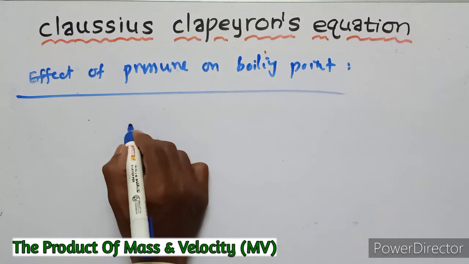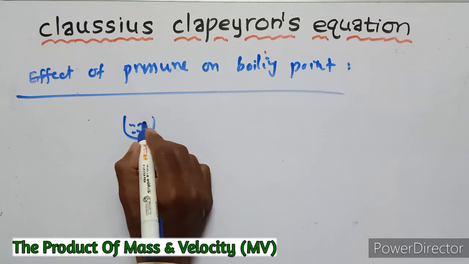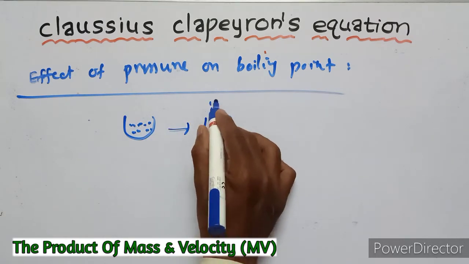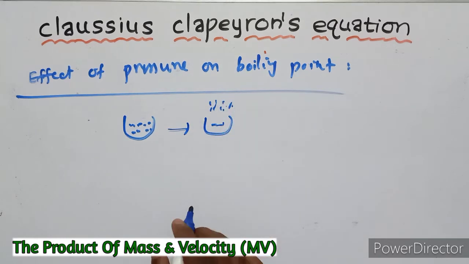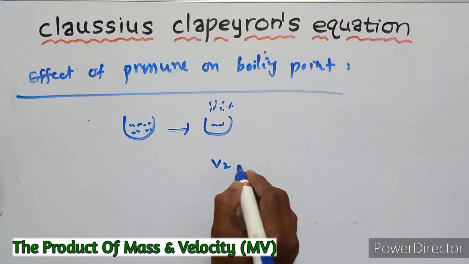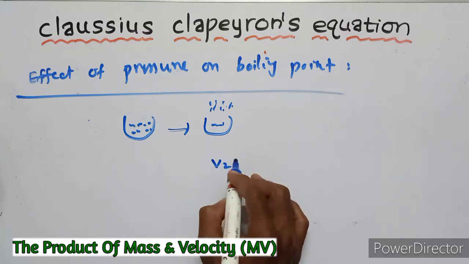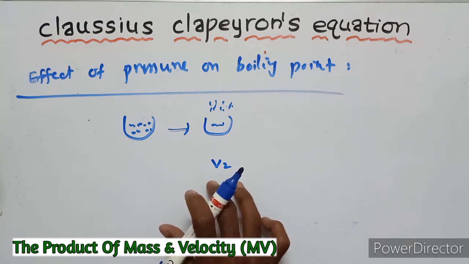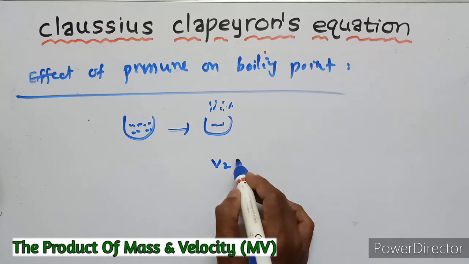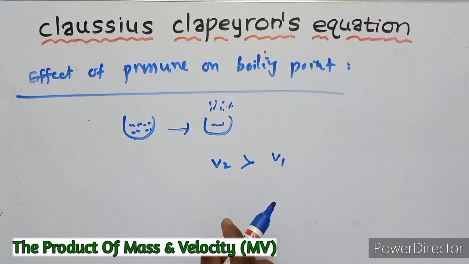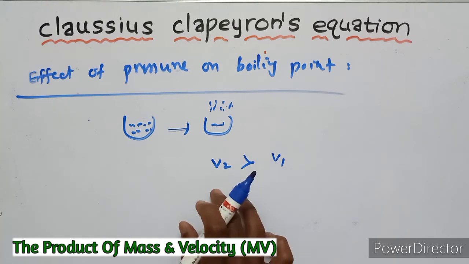When a liquid is converted into gas, the volume V2 of the substance in the gaseous state is always greater than the volume V1. So V2 is greater than V1.